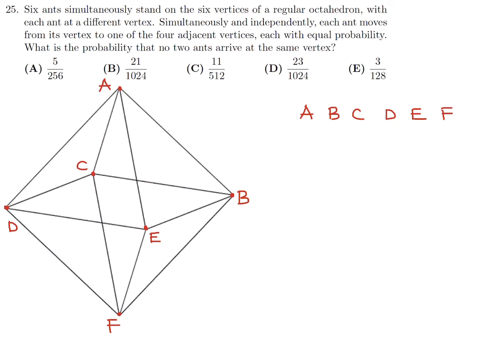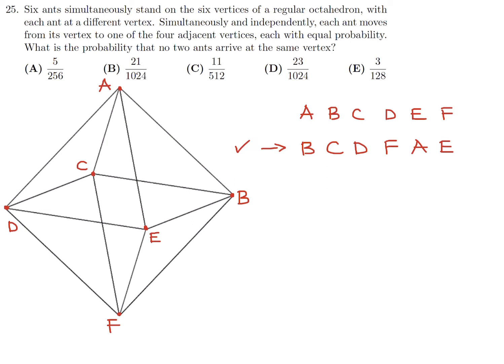For example, A could go to, let's say, B, B could go to C, C could go to D, D could go to F, E could go to A, and F could go to what's left over, which I believe is E. See, this is a scenario that works. I hope I did that properly.